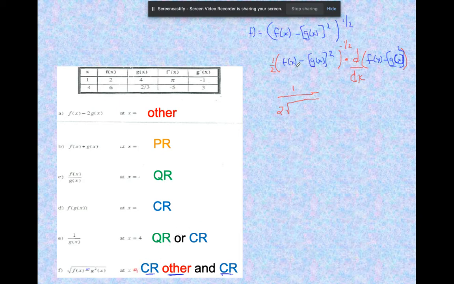F of 4 is 6 minus g of 4, which is 2/3 squared, minus 4/9. Check, check, check. Times the derivative of the inside.